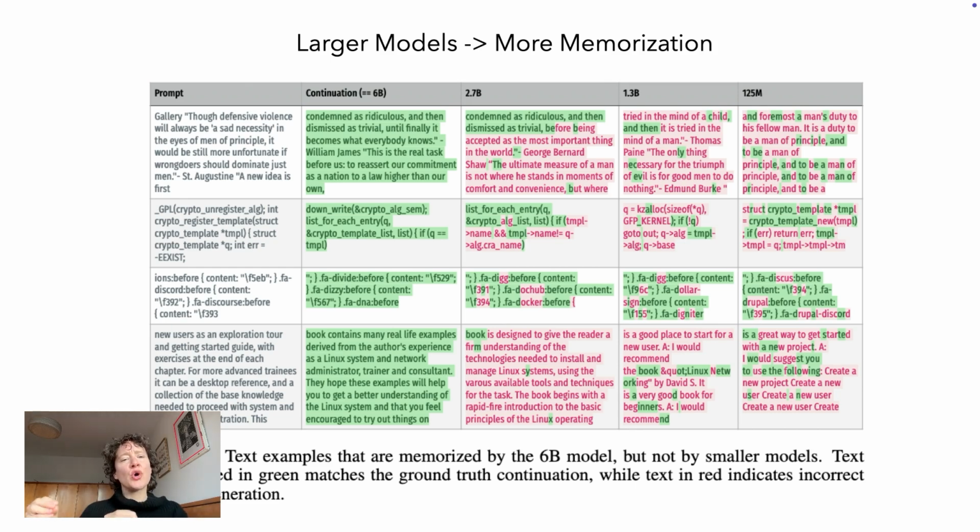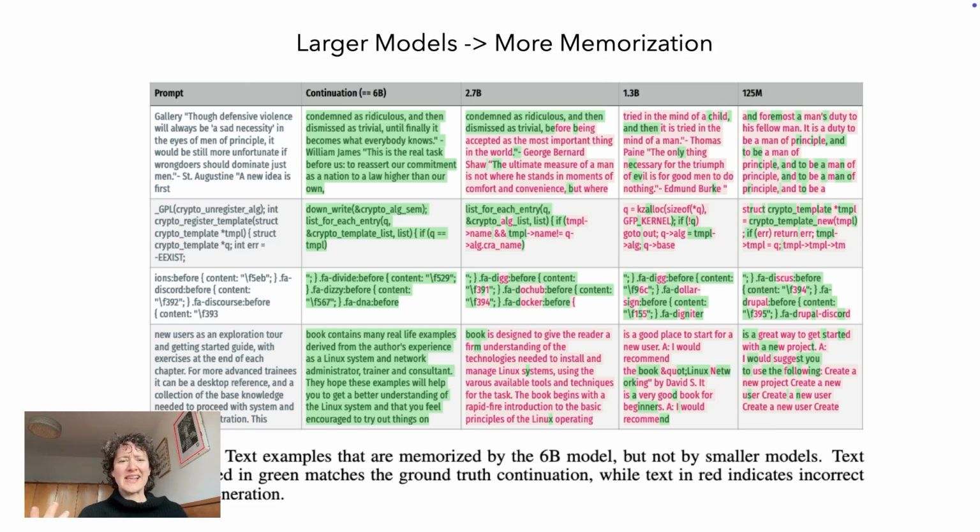How many of those tokens can we extract in a row that are the exact same as the training text? And here we can see that we have the larger models on the left side, we have the initial prompt on the farthest left side, and then we have the continuation. The largest model, 6 billion, then 2.7 billion parameters, and so on.